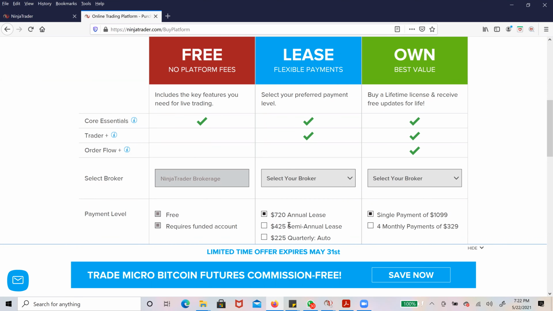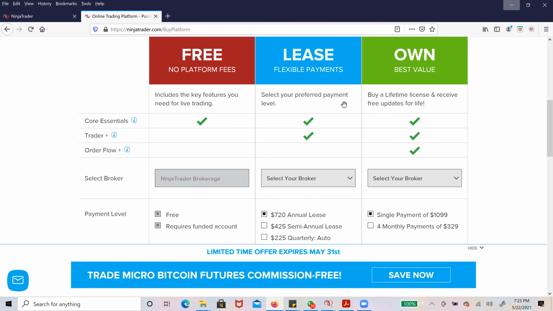So instead of paying 720 a year, why not just buy it for $1,100, buy the whole thing out, and you are good to go. Initially, you guys can use the free one as well. Download it and use it; it's okay to pay a little bit extra, but you will understand what you are dealing with. I have a full license.